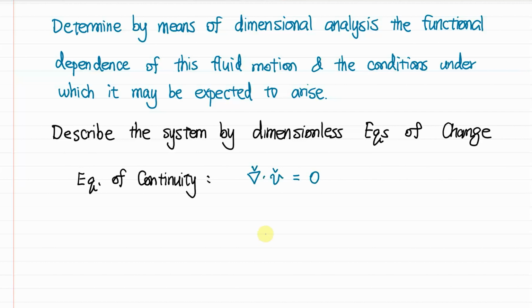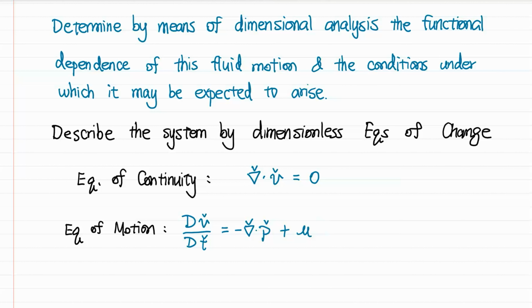Okay, and then we have the equation of motion. We have the substantial derivative of the dimensionless velocity equals the dimensionless gradient of the dimensionless pressure plus mu times... let me try to not skip ahead of myself.